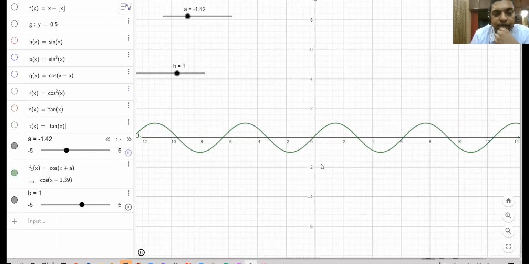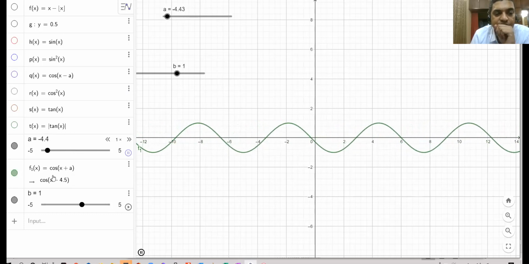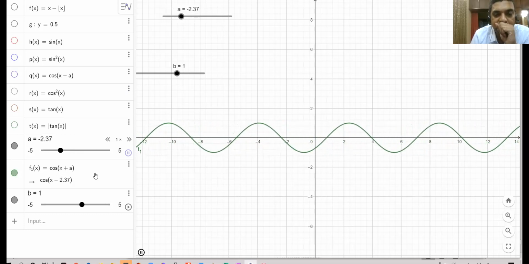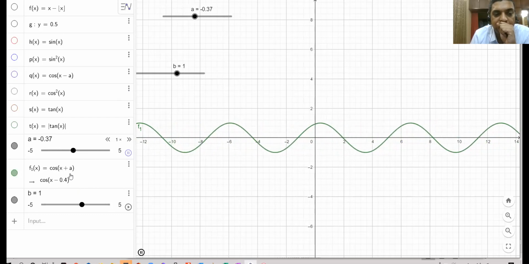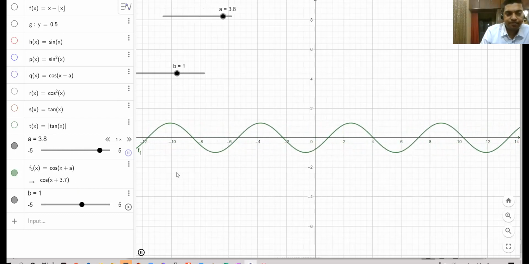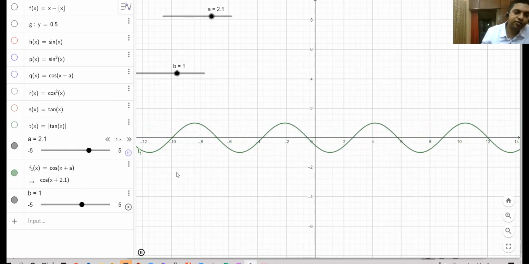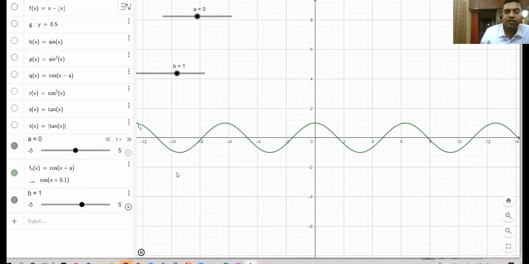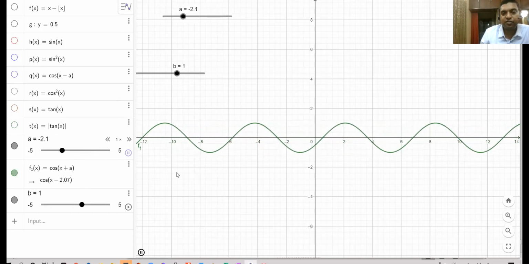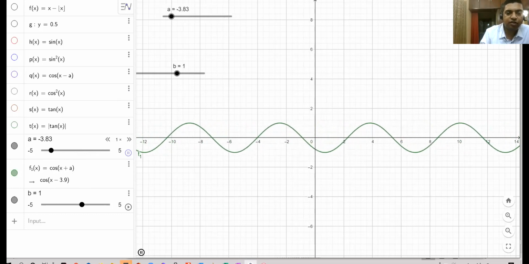Cos x graph. As the values of a are changing, what I'm sliding is cos of x plus a. So when a values are positive, it will slide to the left. When a values are negative, it will slide to the right. Okay, got it?